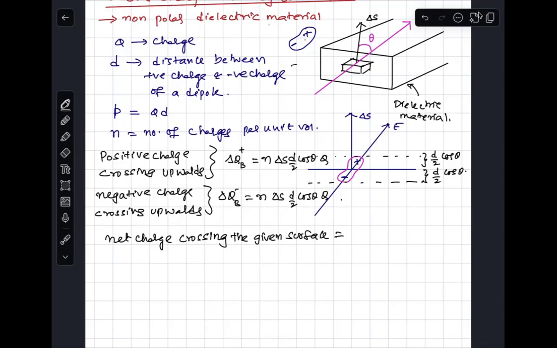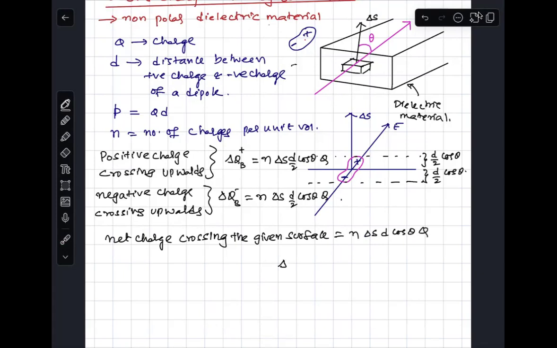Current, you took the same way. Suppose positive charge is moving from left to right, negative charge is moving from right to left. Negative charge moving from right to left is equivalent to a positive charge moving from left to right. Same here also. So therefore, it is nothing but n delta s d cos theta q.